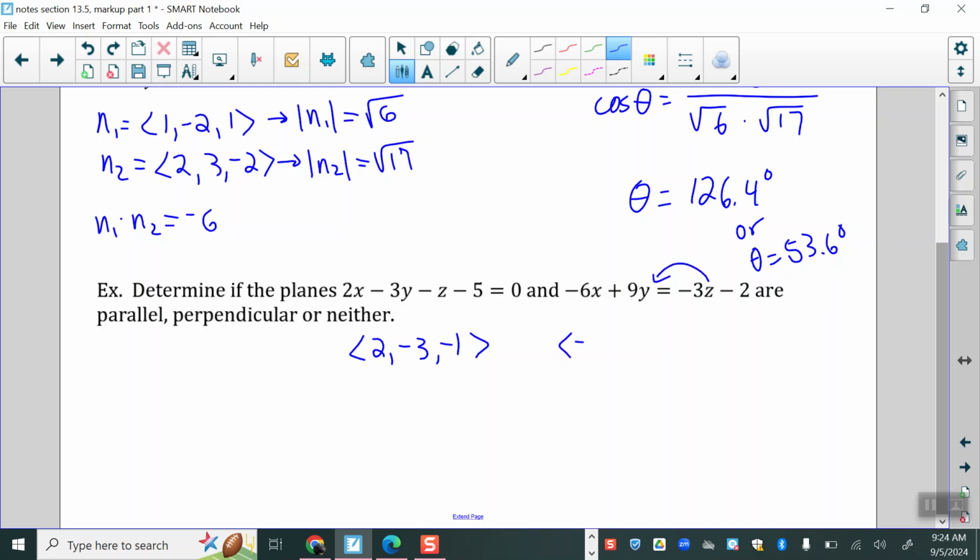So its normal vector is negative 6, 9, and 3. Literally parallel. What did you multiply by? Negative 3. So to go from here to here, you multiply by negative 3, so they are parallel. If I had wanted to check that they were perpendicular, I would have done their dot product, and I would have gotten 0. So parallel.